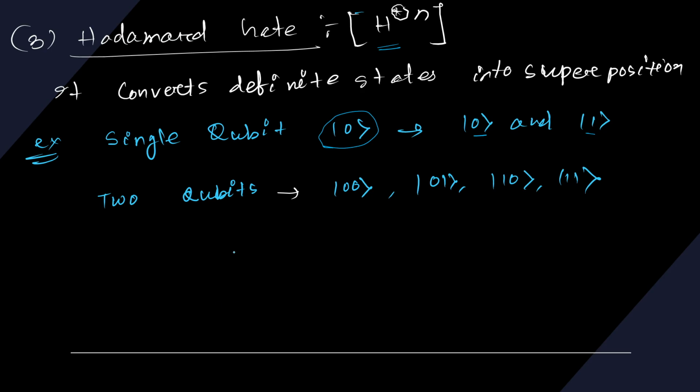That means for a single qubit, it will convert the state to this. And for 2 qubits, it will convert the state into the superposition of 00, 01, 10 and 11.